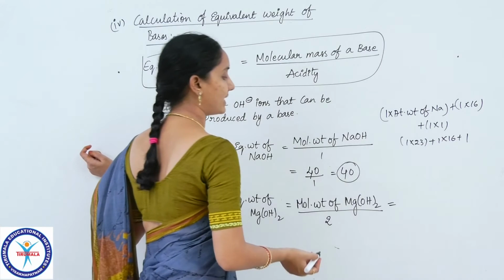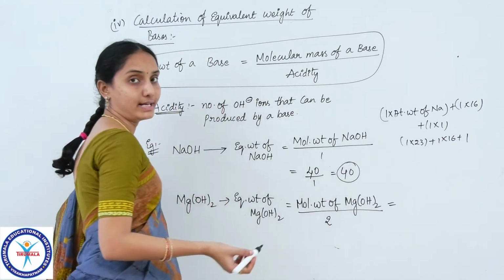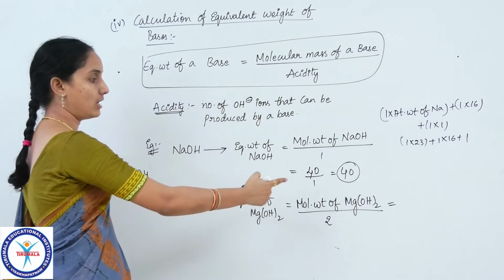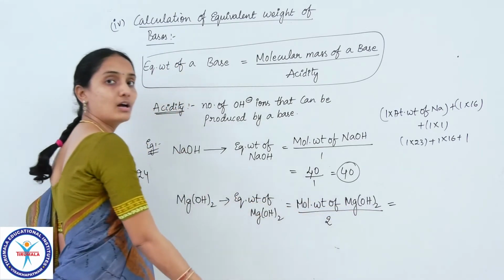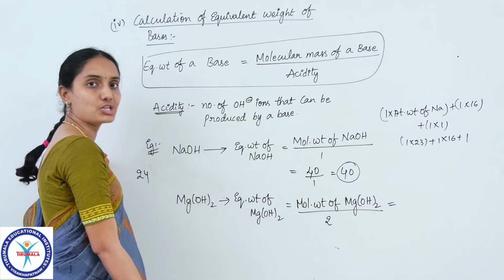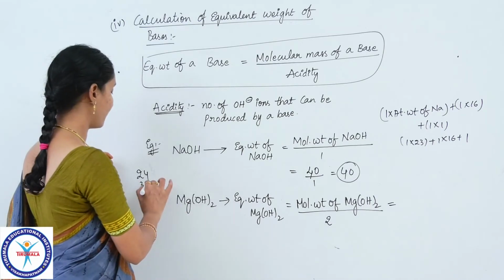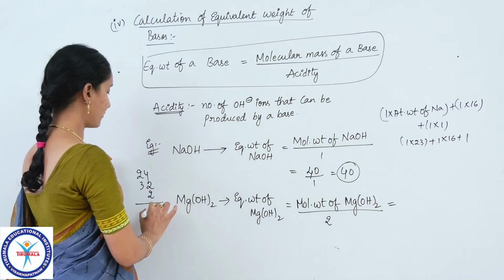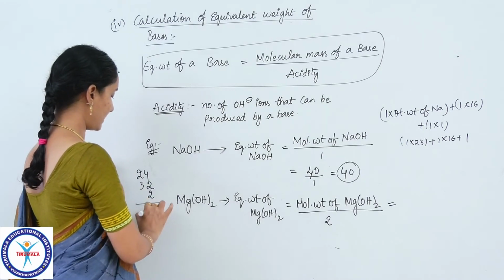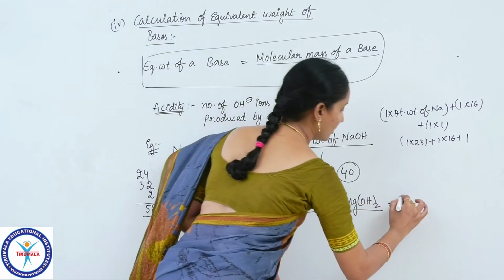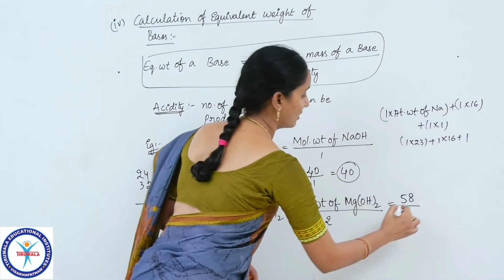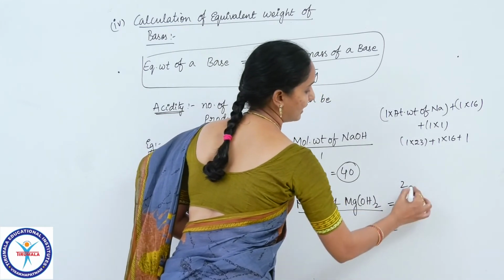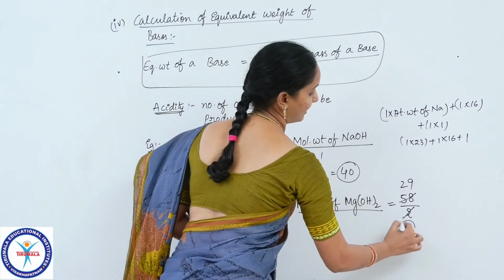Magnesium's weight is 24, and 2 oxygens we have. Each oxygen's weight is 16, so 32, and 2 hydrogens, 2. So total 24 plus 32 is 56, plus 2 is 58. So 58 upon 2 you have to do. So it is 29.